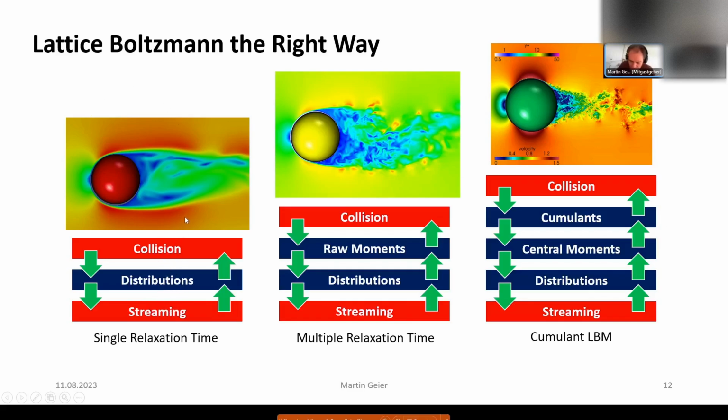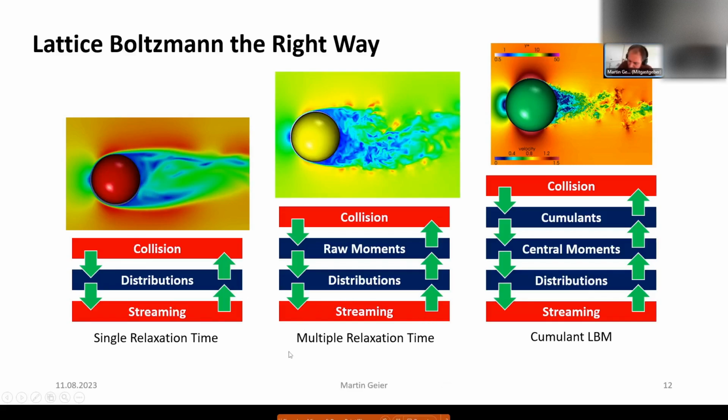The pictures that I show here are always roughly the maximum Reynolds number that I get with this kind of simulation at a certain resolution, which I believe was 500 grid nodes across the sphere.